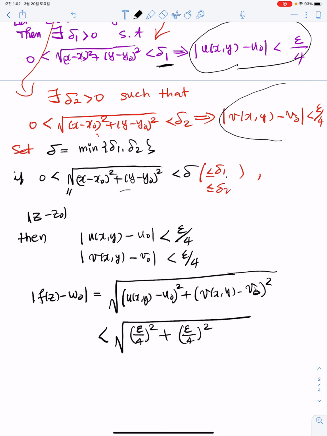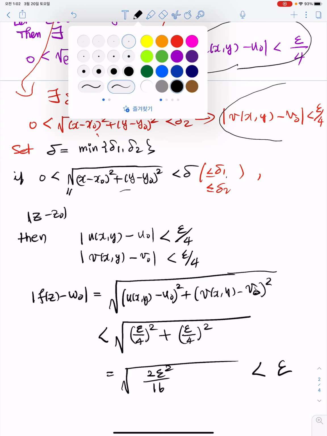This is the root of 2 epsilon squared over 16, which is epsilon over 2 root 2. Obviously this is less than epsilon. So finally we are done.